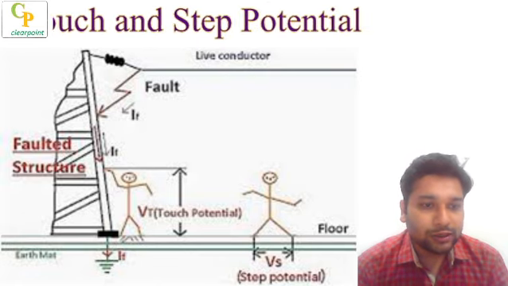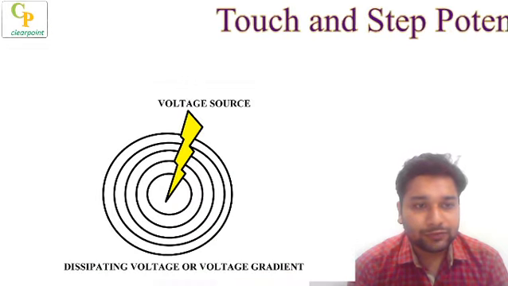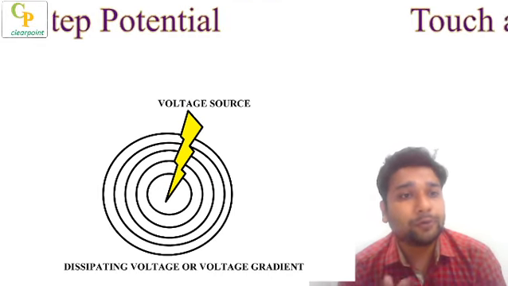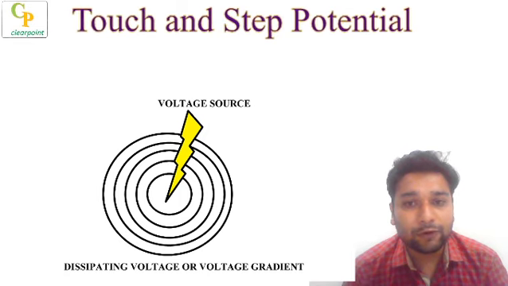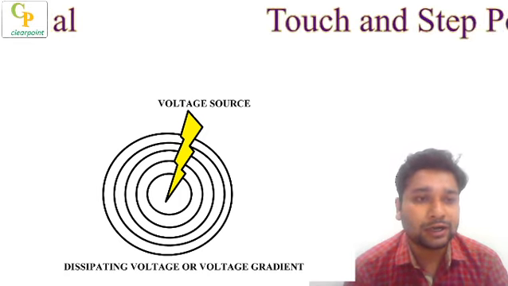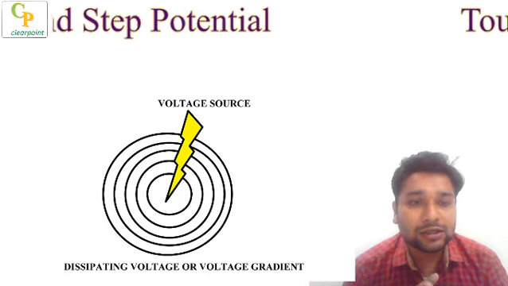So let's discuss what voltage gradient is first. Suppose, from the step potential point of view, a conductor is falling on the earth, which has some energy in it, current flowing through the conductor, and now the conductor is falling on the ground. How does the ground behave?